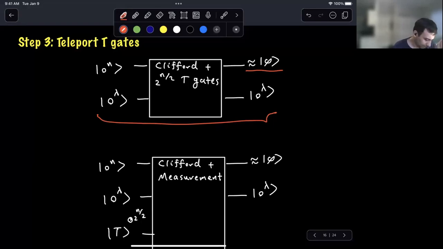And we need to add some ancilla qubits here. For each T-gate, we need to add one ancilla qubit, and all these ancilla qubits are initialized in the state T to the power 2 to the n over 2, and this 2 to the n over 2 is the number of T-gates we had in the first circuit.